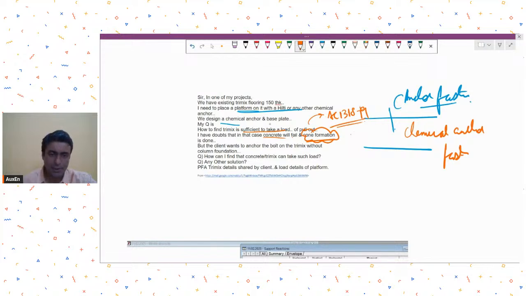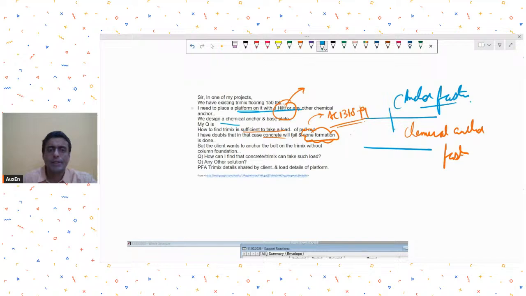But let's say if you are working with a company like this, you can approach a Hilti engineer, and they have developed their in-house software, so you can give this problem to them and tell them that I have such and such issue, such and such reaction, whether or not a chemical anchor is suitable for this application.